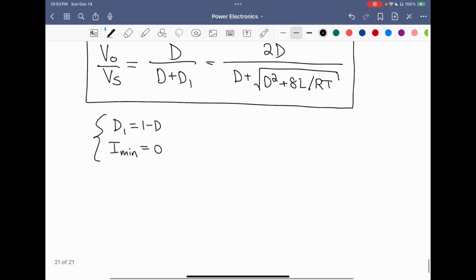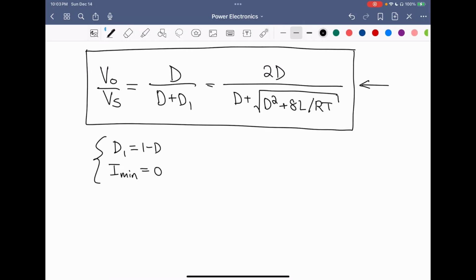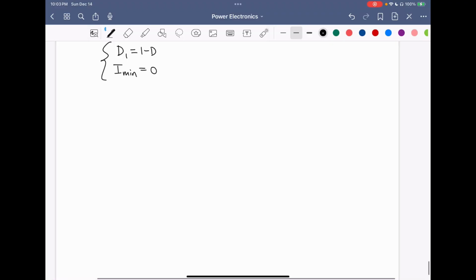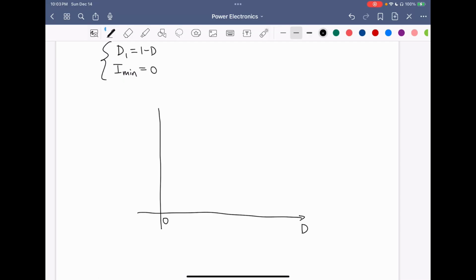Now, for this voltage conversion ratio for discontinuous current operation, say we have some buck converter that we're operating with some duty cycle D. Let's call this the duty cycle axis, and it goes from a duty cycle of 0 all the way up to 1.